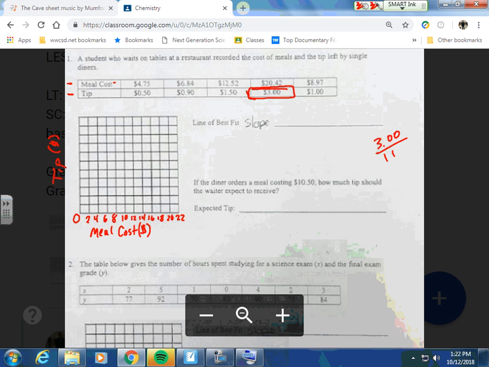If I did 3 divided by 11, or we could just see, what if we made each spot worth a quarter? Would that be enough? If I went 25 cents, 50, 75 cents, a dollar, dollar 25, dollar 50, dollar 75, $2, 2.25, 2.50, 2.75. It doesn't quite reach our $3 mark, so that's not going to work.